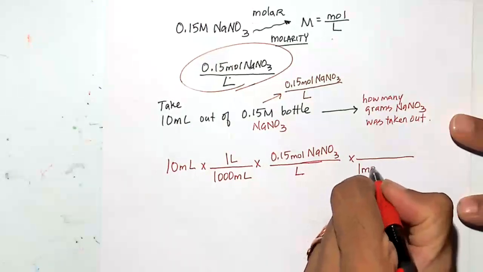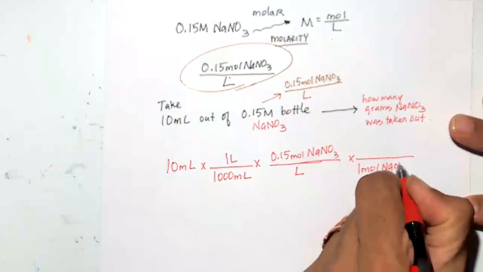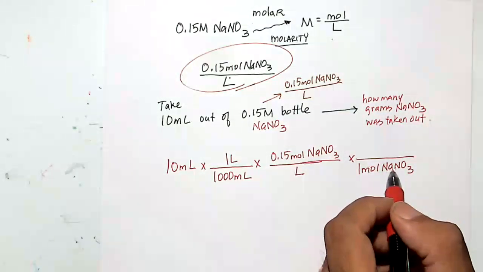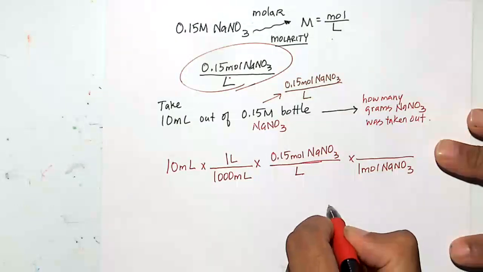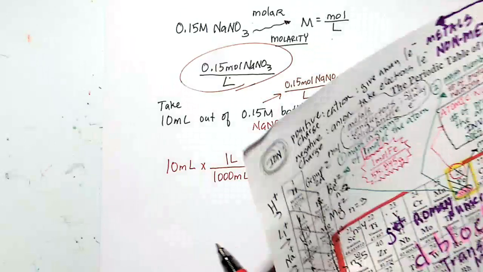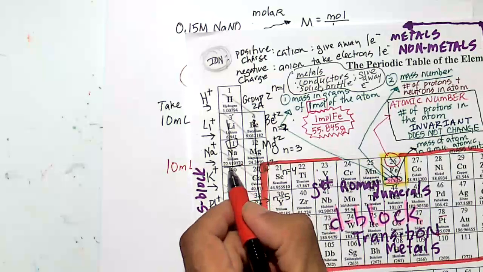To get to the amount of grams, what do we need to do? 1 mole of NaNO3 contains how many grams? Do you remember this? What do we have to add up? One mole of NaNO3 is how many grams? So how much is Na?